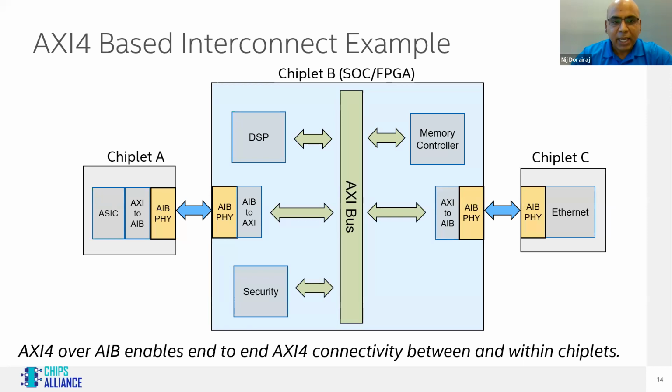I have a chiplet A, which is an ASIC, talking to the SoC here over this AXI to AIB adapter, and through AIB PHY. Within that SoC, I have my standard block where I'm building my application using standard IP blocks, and then connecting to another chiplet C, in this case Ethernet. Again, I need my AXI to AIB adapter for AIB talking to Ethernet.